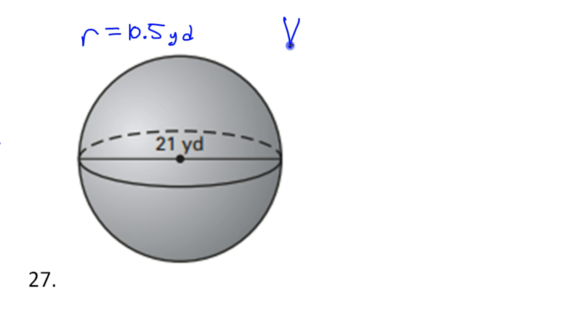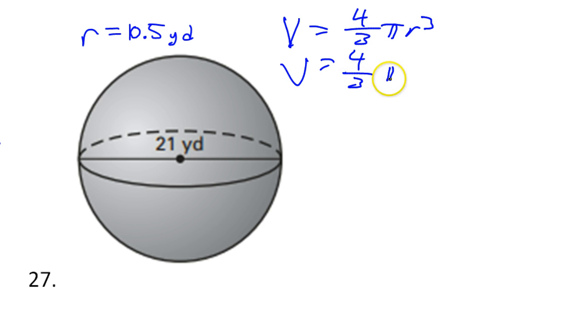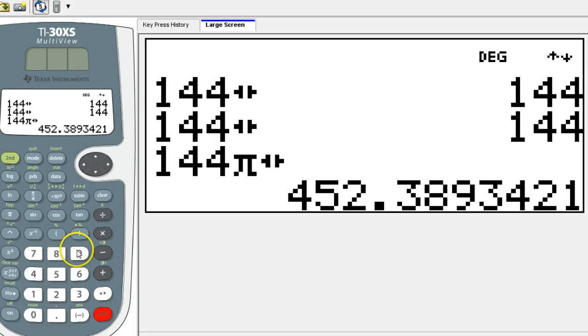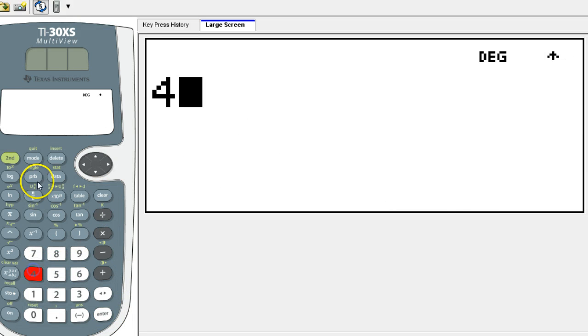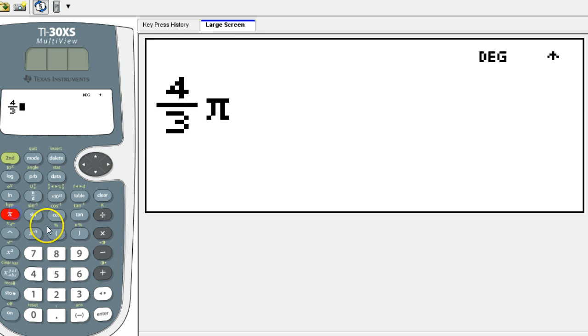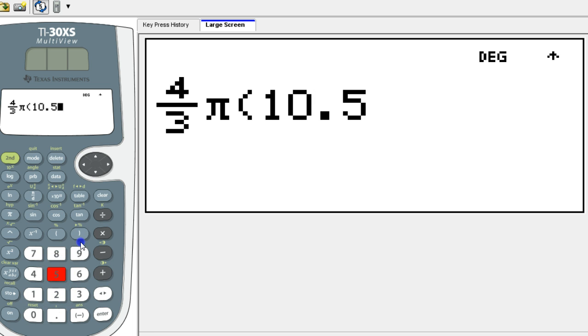Yeah, volume. Volume is 4/3 pi r cubed. So that's 4/3 pi times 10.5 cubed. Since we have a decimal anyway, I'm just going to stick to the decimal this time. So 4/3 pi times 10.5.